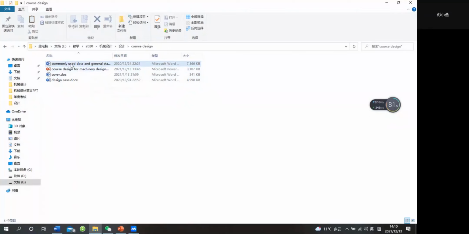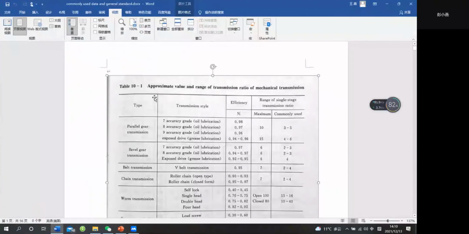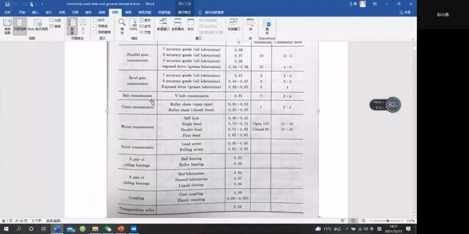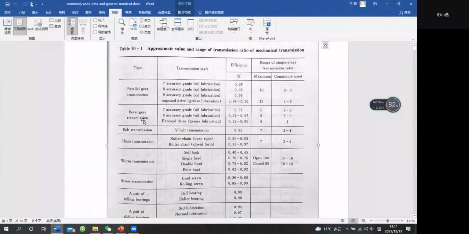Okay. From this Word file, you can find the design data. In this table, you can find the efficiency for transmission parts. For example, for gear, according to its accuracy grade, you can find the efficiency, and this is the transmission ratio range. This is for belt.